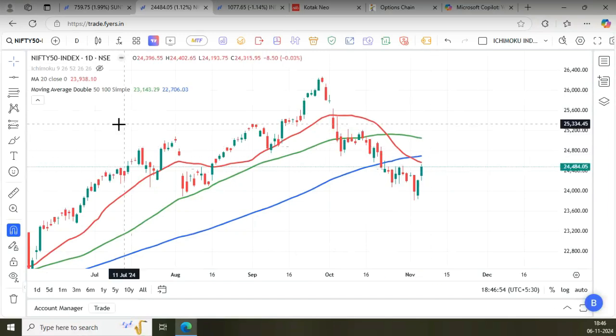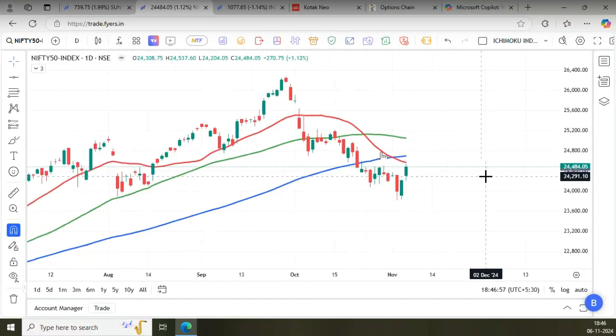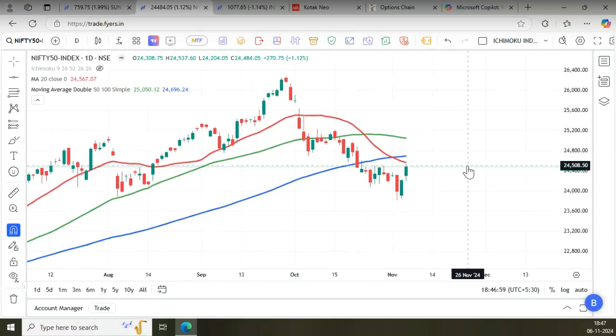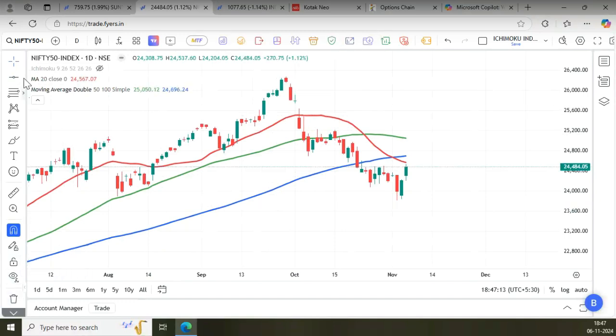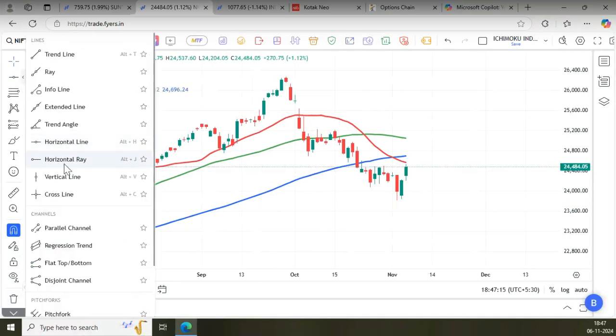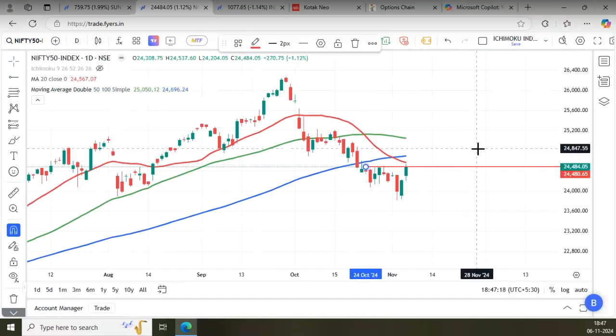So you can see now that Nifty is very close to its 20 days moving average number, which is 24,567. Okay, and let's place the resistance line, very simple line here. Look at this resistance, right?